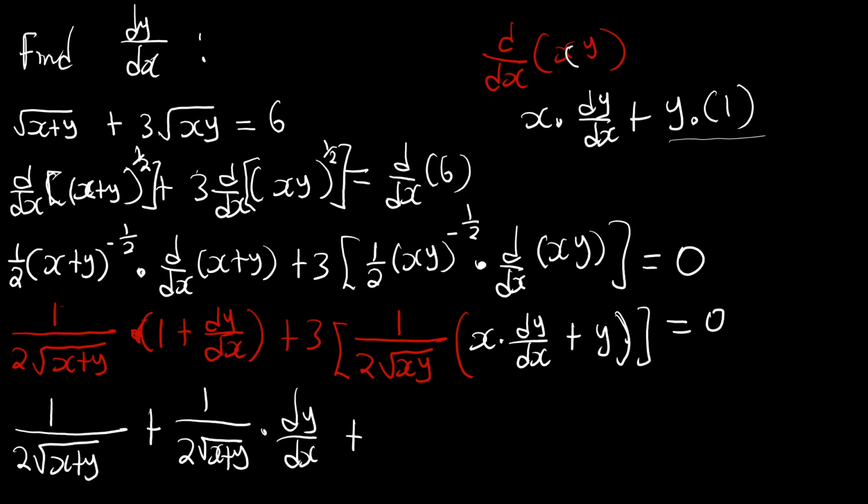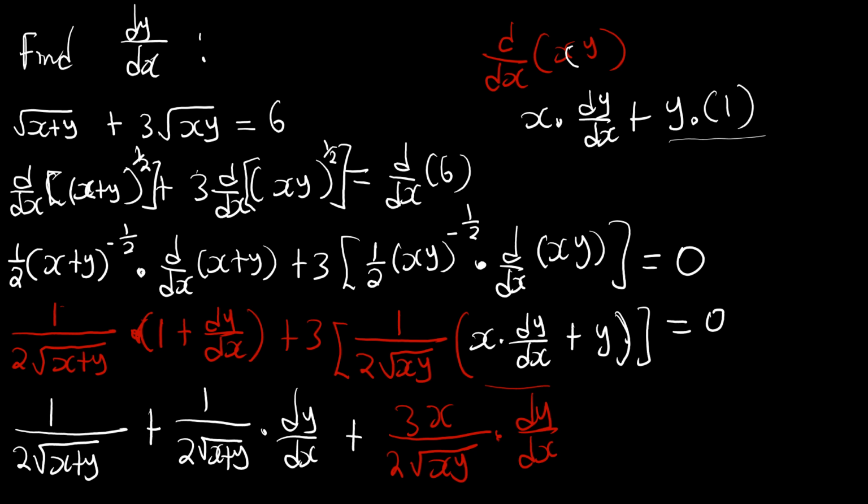Then we still have this here, we're going to multiply, so we are going to have 3, then it will multiply 1 and this x, so it will be 3x over 2 root of xy. We still have dy over dx. Then again, this 3, when it multiplies 1 over 2 root of xy, it will be 3 over 2 root xy.